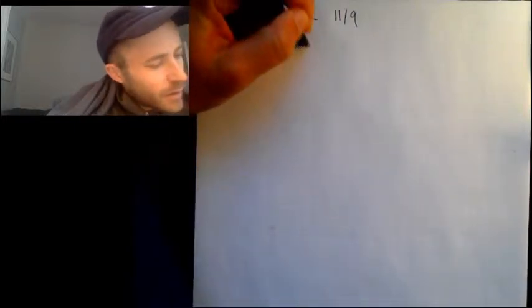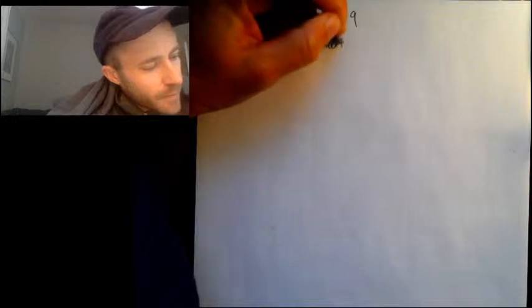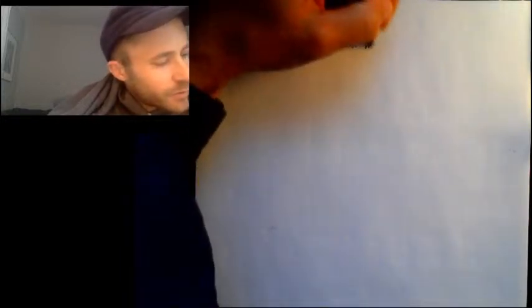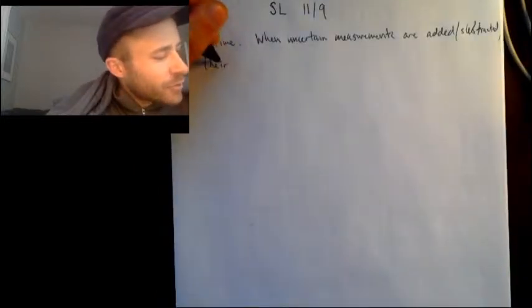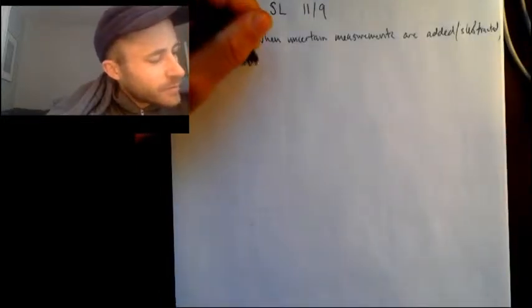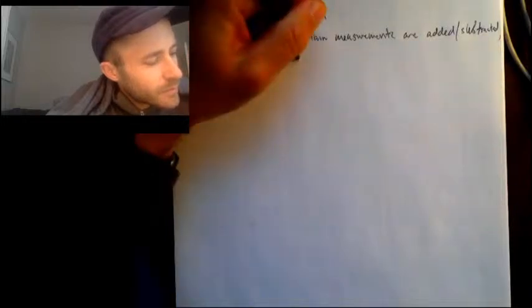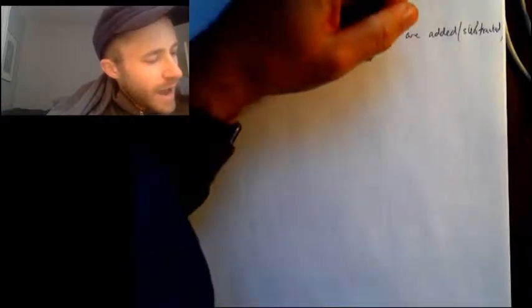when uncertain measurements are added or subtracted, they're absolute uncertainties add.